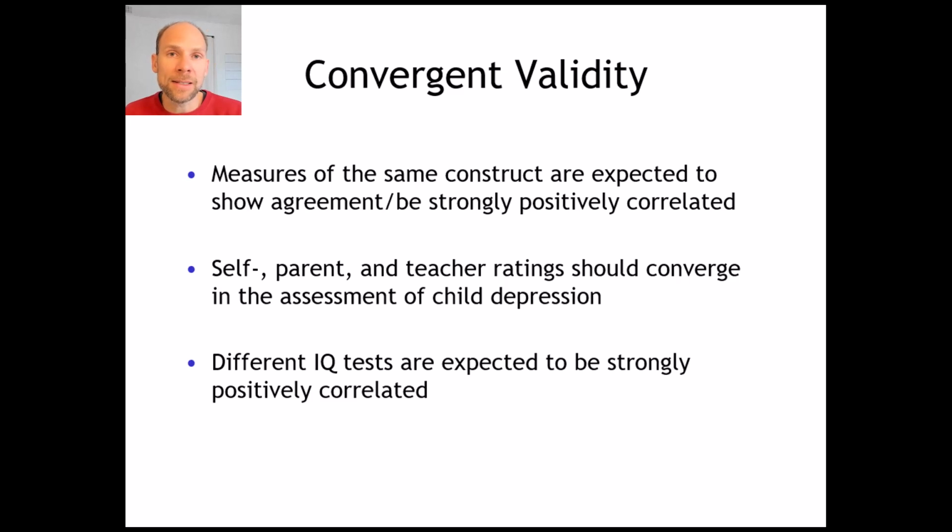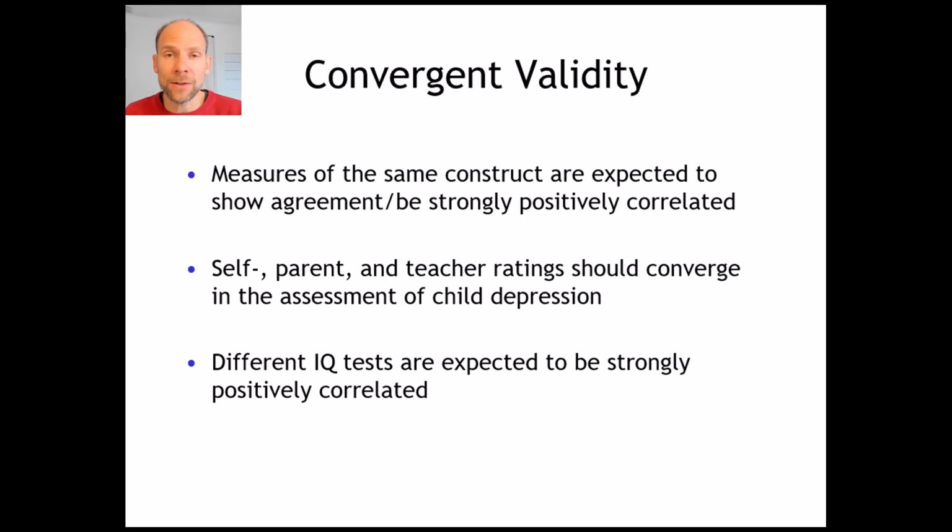So for example, let's say there is an existing, validated, established IQ test, and you want to develop a short form of that test to be able to administer something that doesn't take as long. And so you develop a short IQ measure and you want to know, does this measure really still measure intelligence? Or does it measure something else?